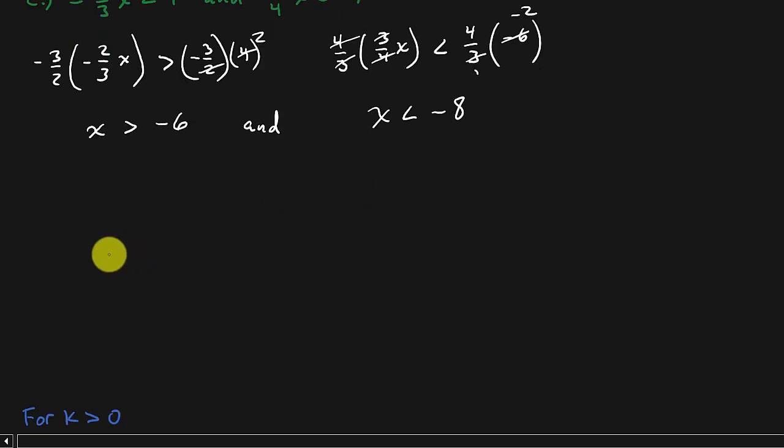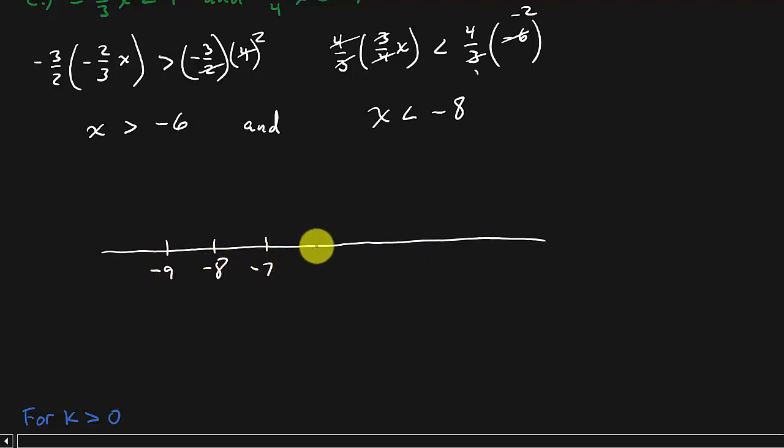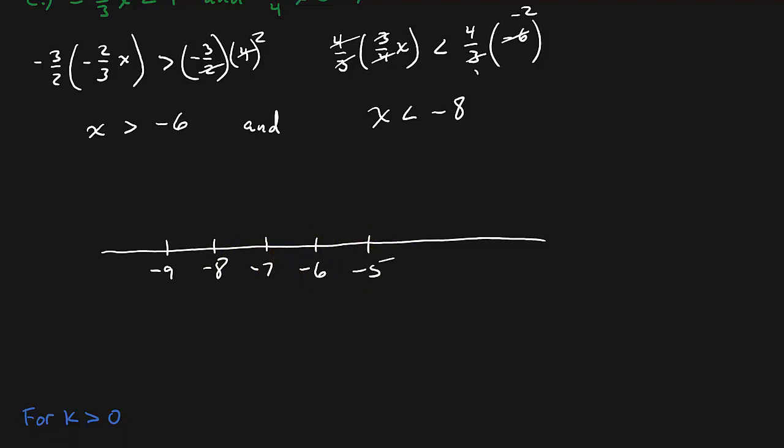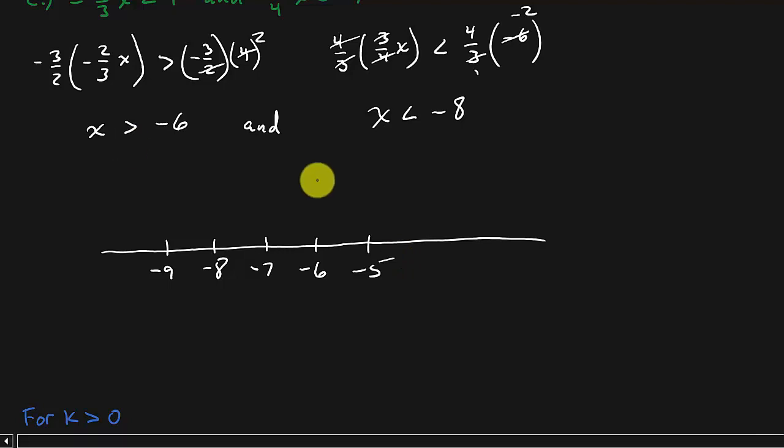All right, so let's see what we've got. Let's see, we've got -9, -8, -7, -6, -5. Now let's graph each one of them individually. So x greater than -6, that's that. X less than -8.